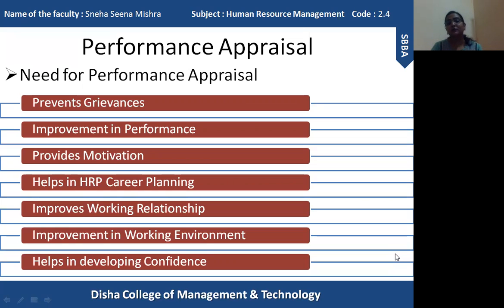And it also controls indisciplinary actions, because if some employees misbehave with someone, disrespect the senior or subordinate, do not follow the rules and regulations of the organization, these things will also be revealed in the performance appraisal report. So it checks the behavior of the employees and also reduces the grievances.